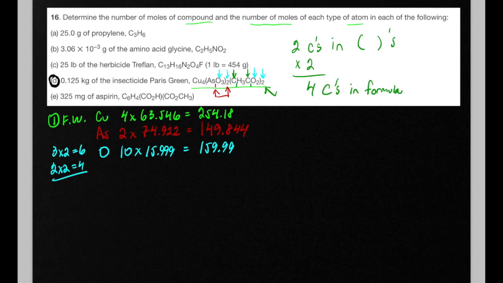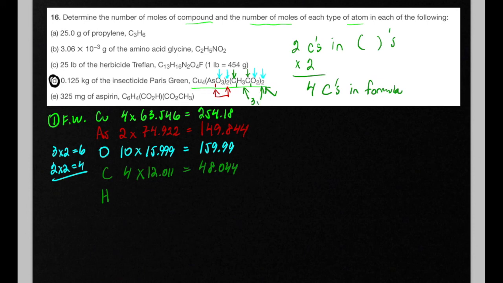It's pretty tricky to add those up. You could do it separately, but I just like to keep things as few steps as possible. So carbon, 4 times 12.011, is 48.044.